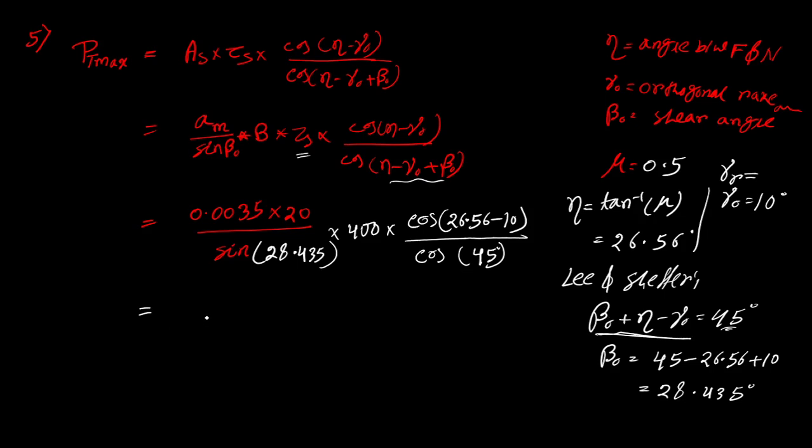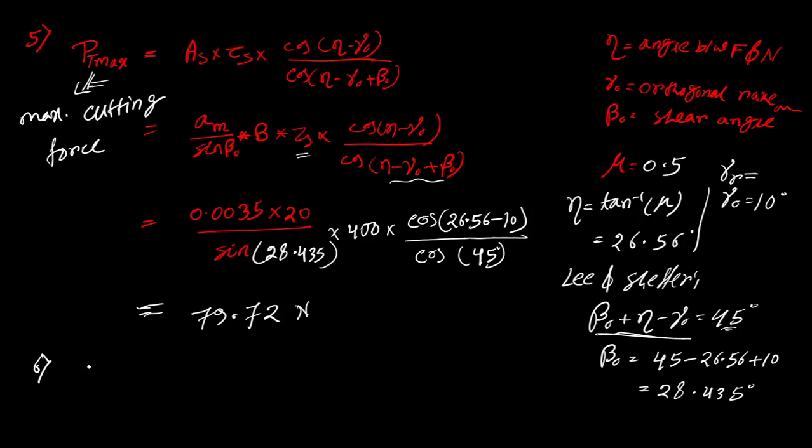So from here, if you find the maximum cutting force, you will get around 79.72 Newton. So this is my answer to the fifth question. This is actually my maximum cutting force.